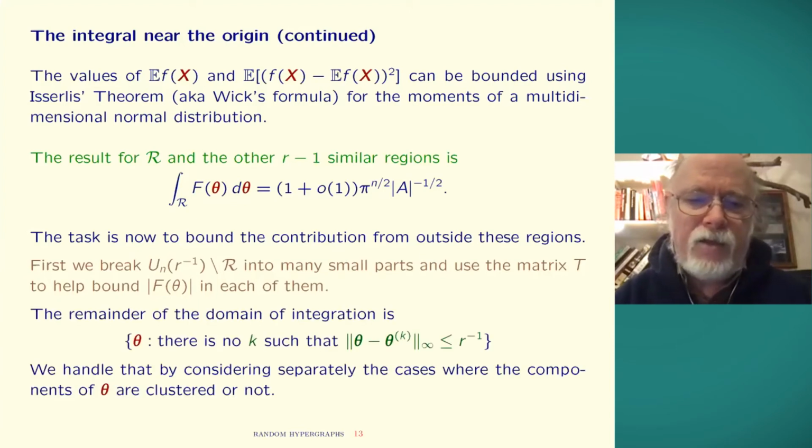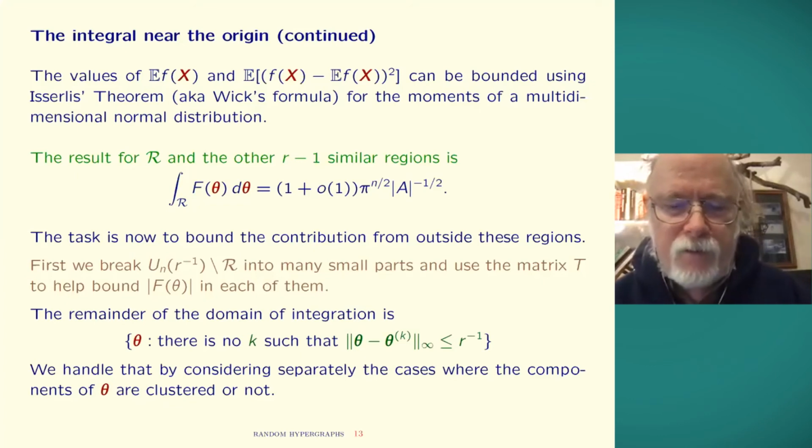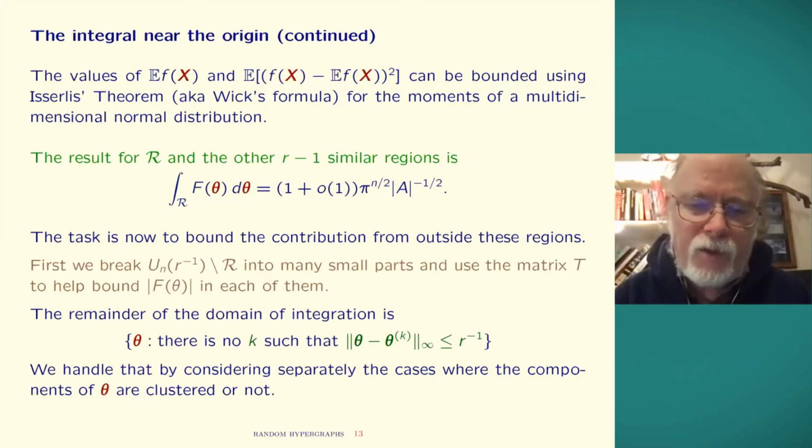And then outside those boxes, which is now the region where there's no point of concentration, contains all of the thetas within r minus 1. They can be distributed all around the place, or they can be concentrated some way away from a concentration point.